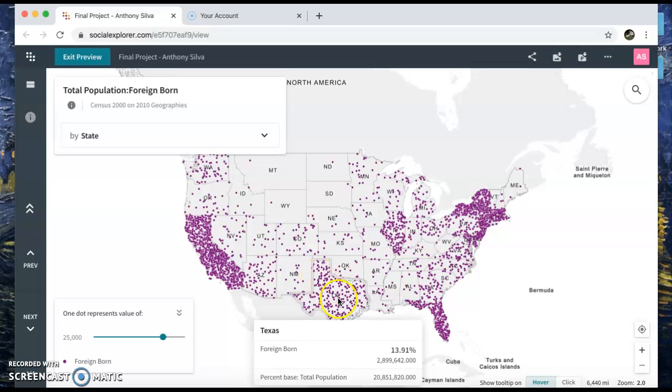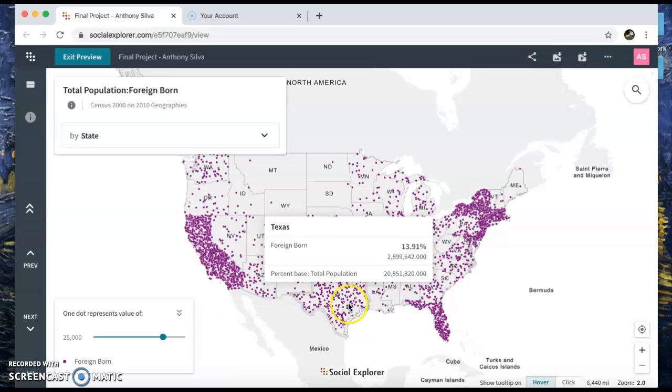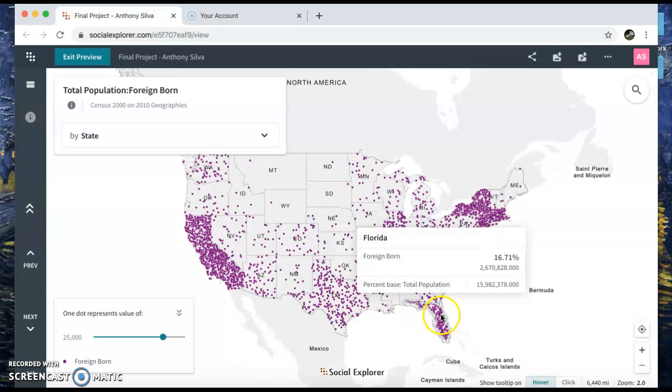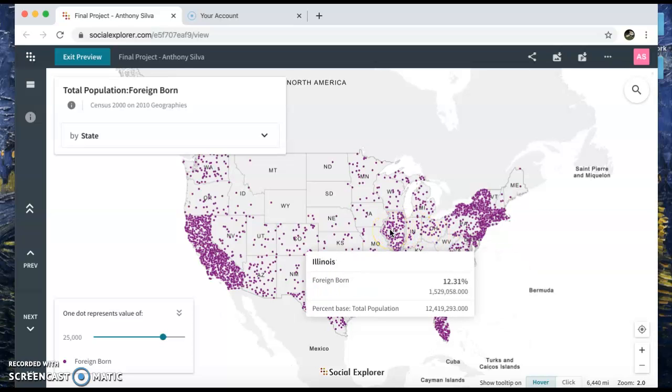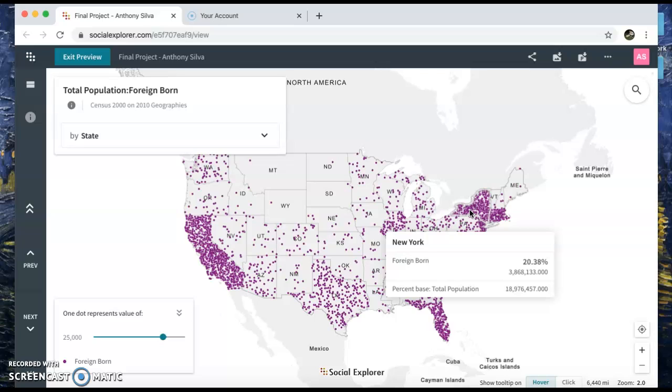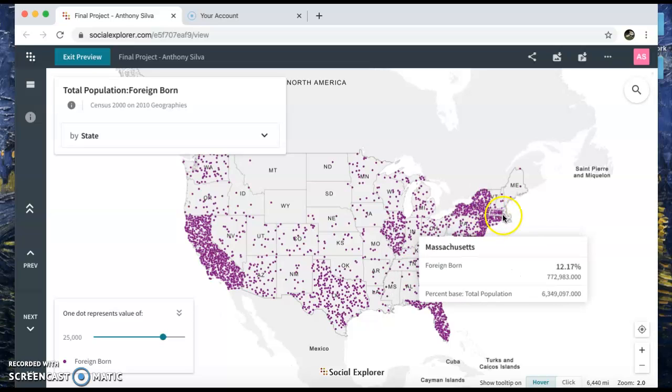Texas, not as much as California, but it's still a significant amount. It has a lot of dots in there. Florida, close to 17%. Illinois, close to 13%. New York has close to 20% foreign-born population, and the Northeast has a decent amount.